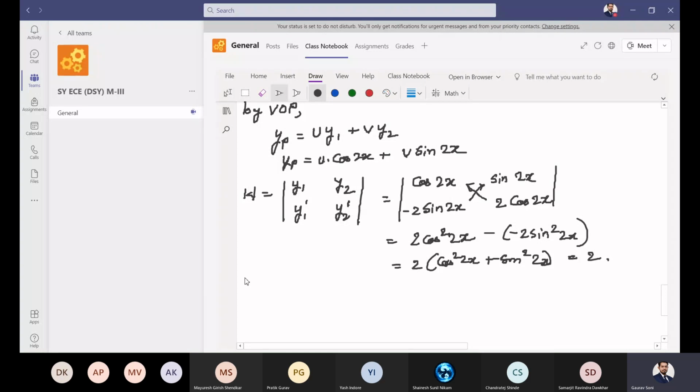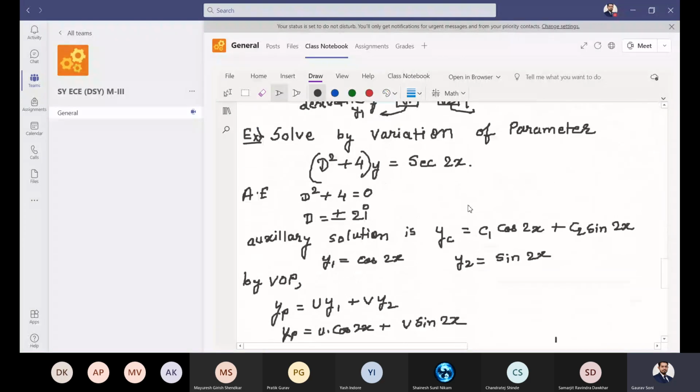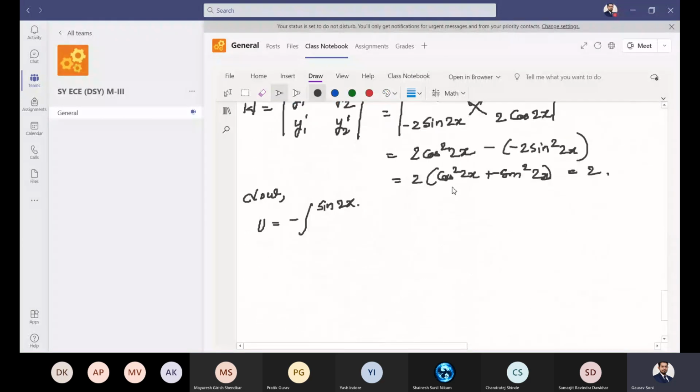Now, once we get w, immediately go to find u. U is equal to minus integration. What is our y2? Y2 is sin 2x into f of x. What is f of x? F of x is the right hand side. What is our right hand side here? Sec 2x. So sin 2x into sec 2x divided by w, w is 2, dx. Once we solve this, we'll get the answer.